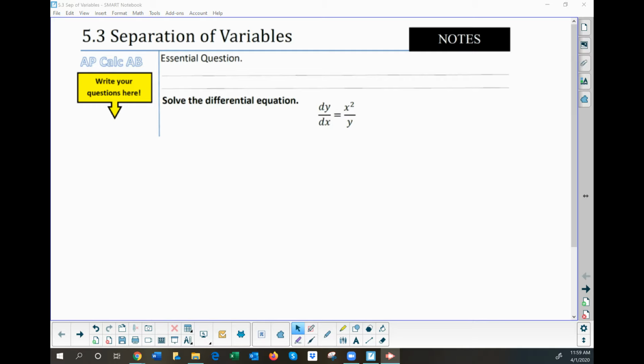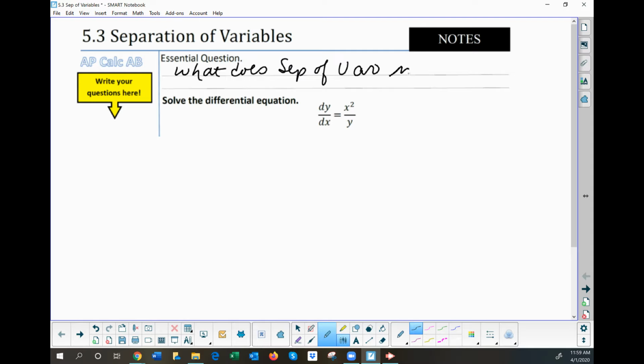Section 5.3 is the last section in this unit. So what are we trying to do here? What does it mean to do separation of variables? My essential question is, what does separation of variables mean?